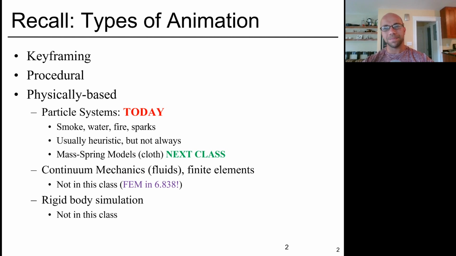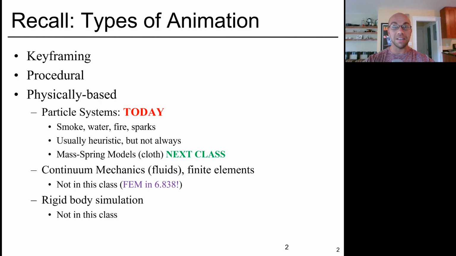In our next lecture, we're going to build upon this particle system idea by talking about how you can simulate a piece of cloth and build up models called mass spring models that capture a lot of the really complex motion that we see in the physical world using just a few simple rules. This is only going to be scratching the surface of the physically based animation world.